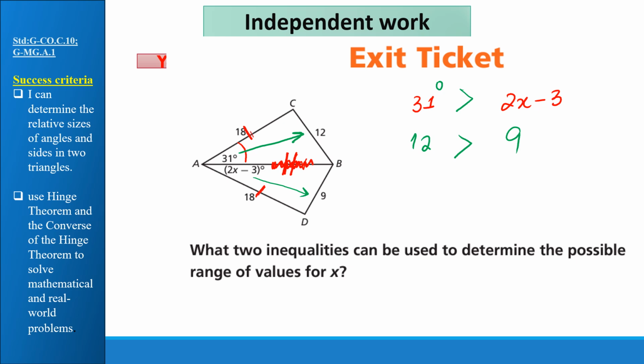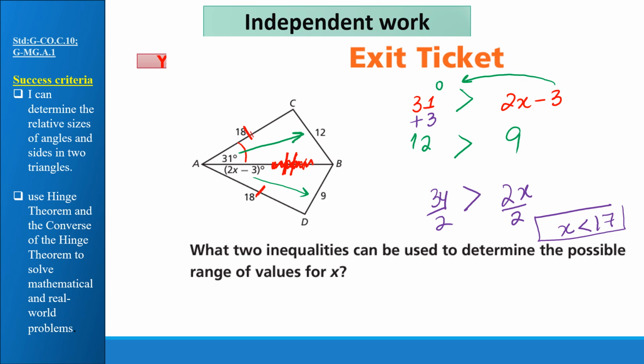Now solve for x. Bring the negative 3 here, so you will get positive 3. So 2x is less than 31 plus 3, which is 34. Divide both sides by 2, so we get x is less than 17.